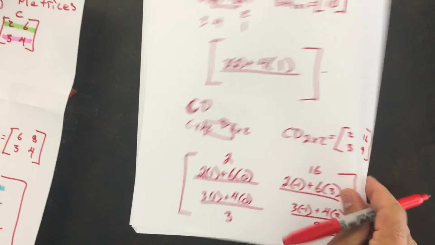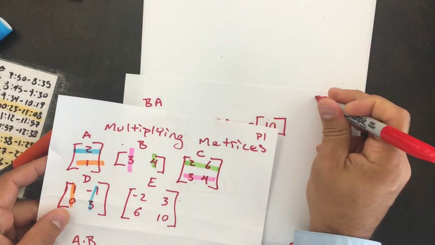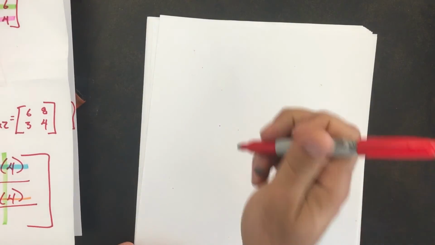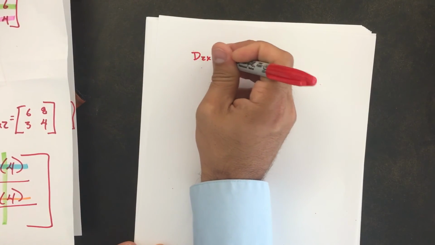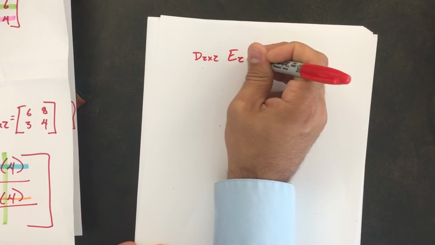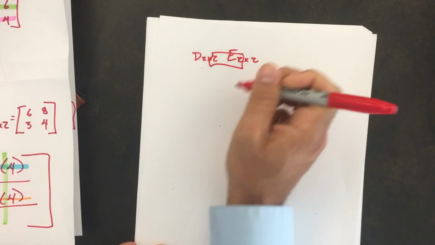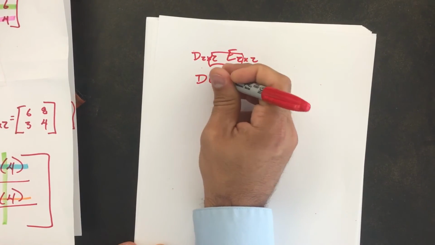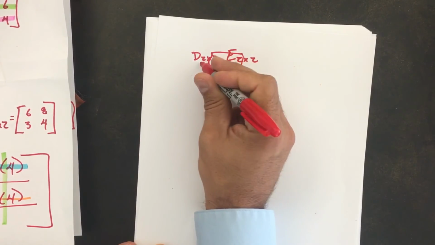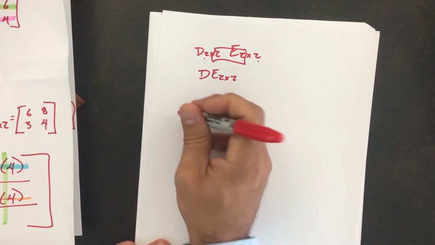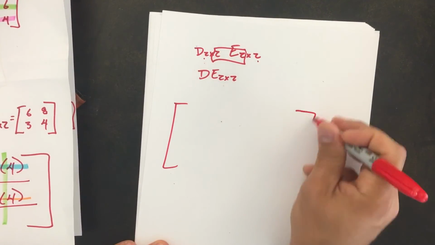I'm going to do one more example, okay? I'm going to do matrix D times E. D is a 2 by 2. E is a 2 by 2. I can multiply them. So DE is going to be a 2 by 2 because of the outside values. So I'm going to put it together.